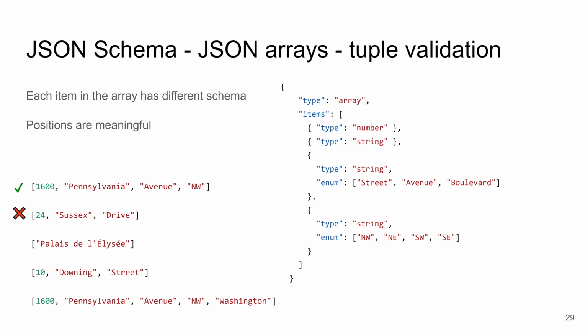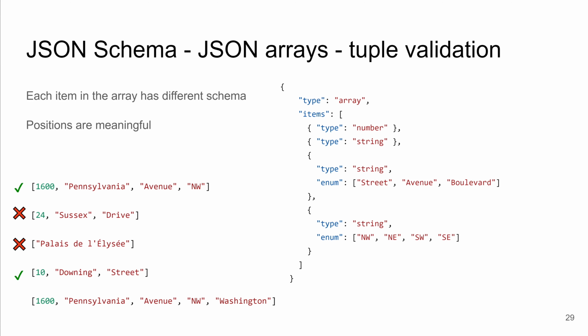So this one is not valid. The next array has just one item, and the first item is not a number, so it is also invalid. Now we have an array with 3 items, and in our schema we have 4 items specified. This is okay. So the types correspond, and the fourth one is missing, but this is fine.